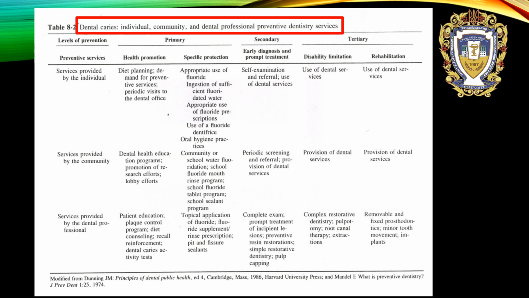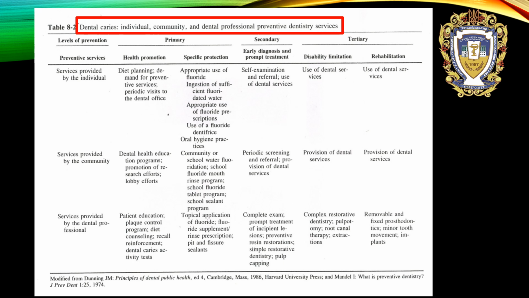In the primary level of prevention, health promotion, it is dental health education programs, promotion of research efforts, lobby efforts, and specific protection: community or school water fluoridation, school fluoride mouth rinse program, school fluoride tablet program, and school sealant program.